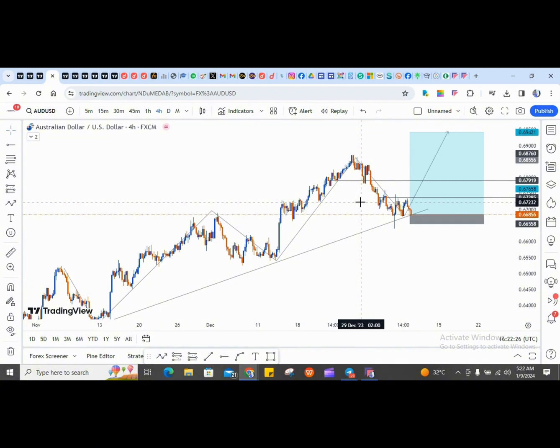But if you do this and 5 out of 5 comes out, you still make good profit if you're using 1 to 2 or 1 to 3 risk to reward, or 6 out of 10, 7 out of 10, 8 out of 10. But I can assure you that 6 out of 10 times, trend lines and using this pattern that I'm teaching right now, it works perfectly. All right, guys. Thank you very much.